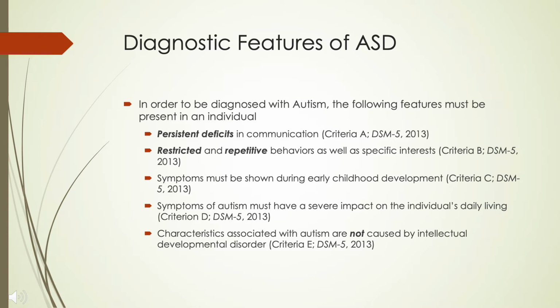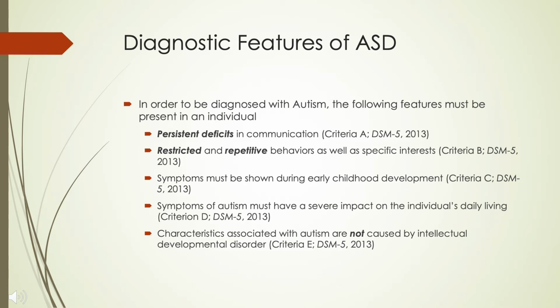The second criteria of the diagnosis of this disorder states that in order to be diagnosed with ASD, the individual must present restricted and repetitive behaviors and specific interests, such as playing with a specific toy or having specific behavioral patterns that are repetitive.